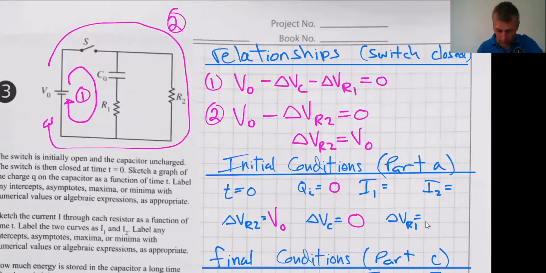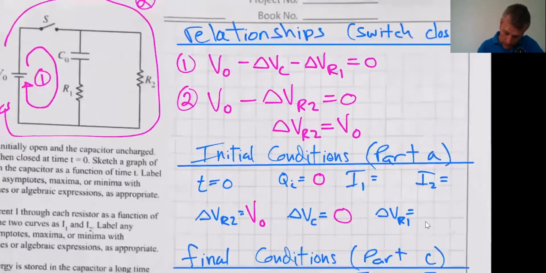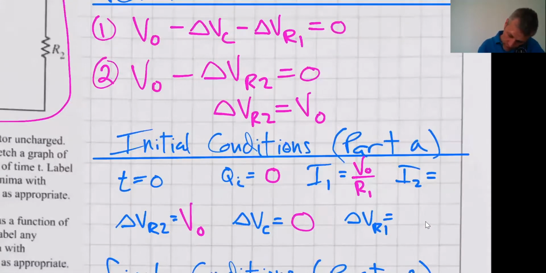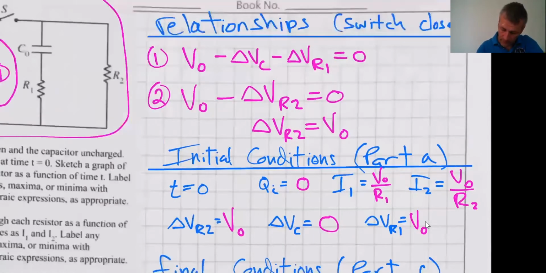The current through loop number 1 is going to be V over R1, and through loop 2, V naught over R2. And delta V for R1 had the same voltage drop as the voltage supply.